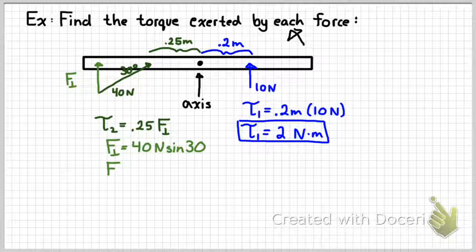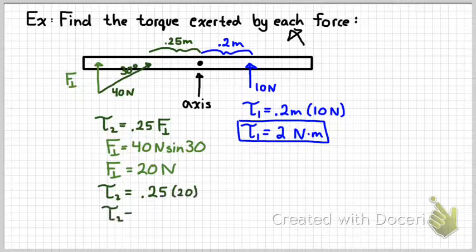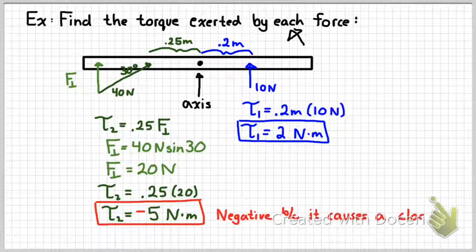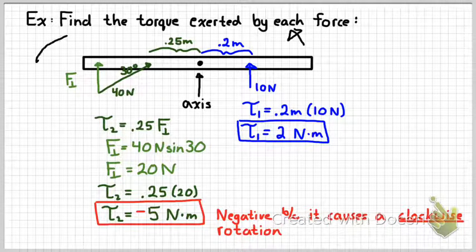So we can find that by doing 40 sine 30, which is 20, and then we multiply the 20 by the moment arm, which is 0.25, and we get 5 newton meters. Now we're going to make that negative because this force is tending to cause a clockwise rotation. This force makes it want to go like that, which is clockwise.